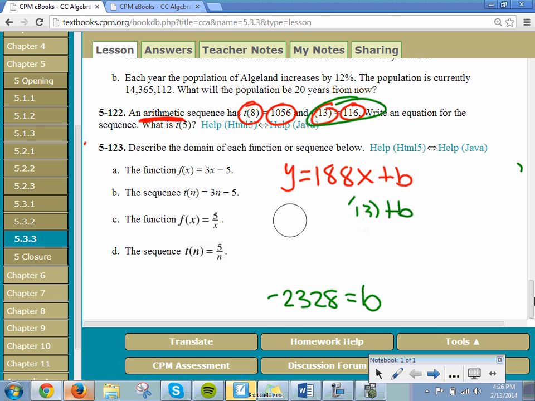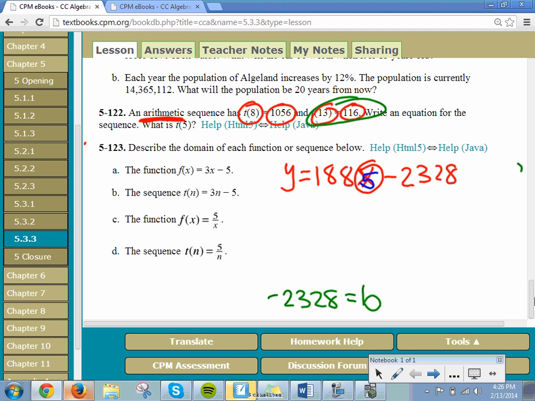So when we put that into our equation, let's keep that number in mind so I don't forget it. We have our slope of 188 times x minus our b term, which is 2,328. And so when they ask us to find t of 5, they're really saying what happens when x is equal to 5.